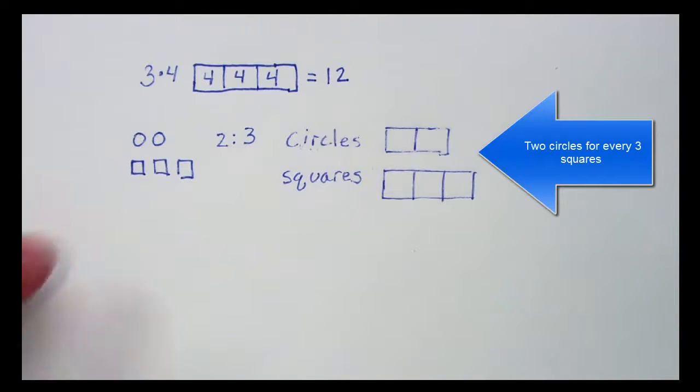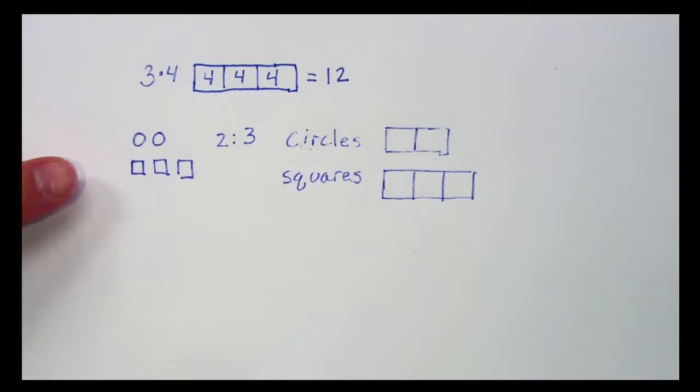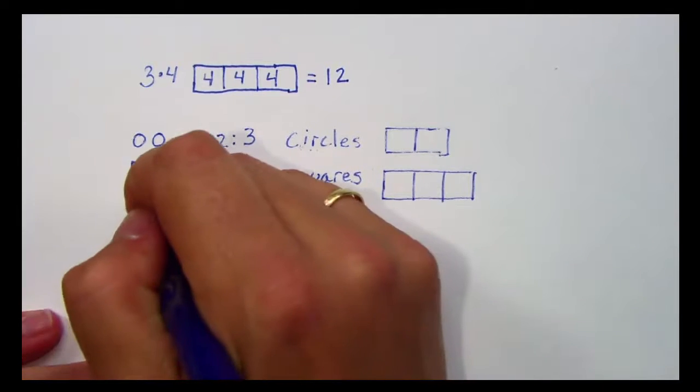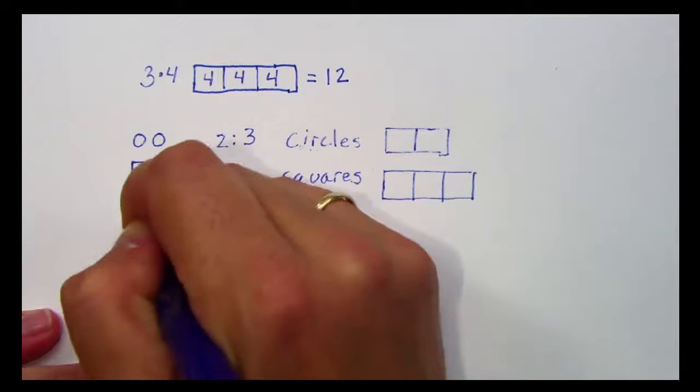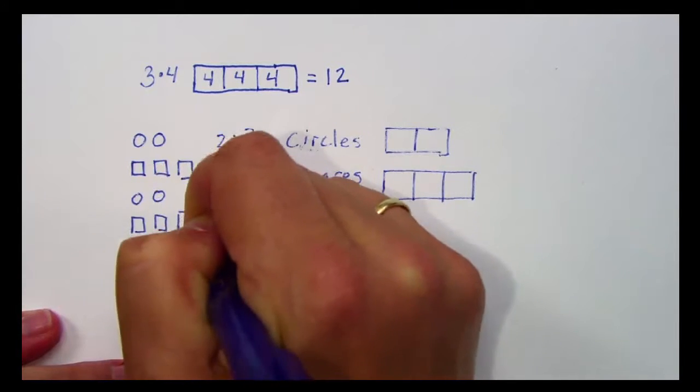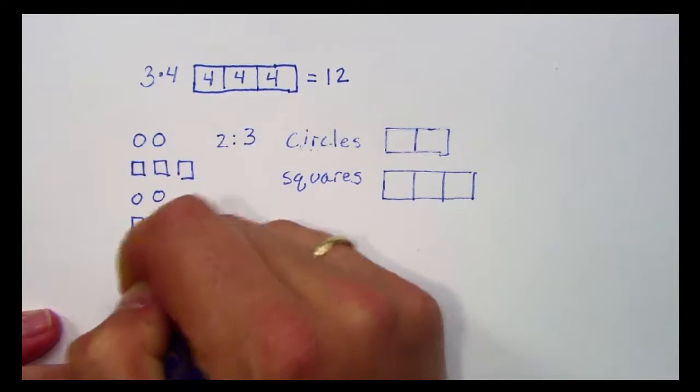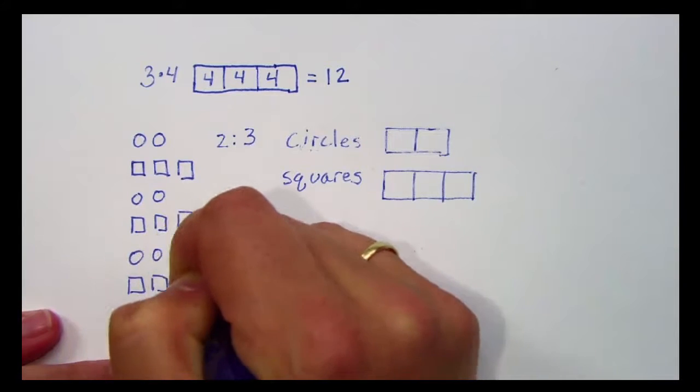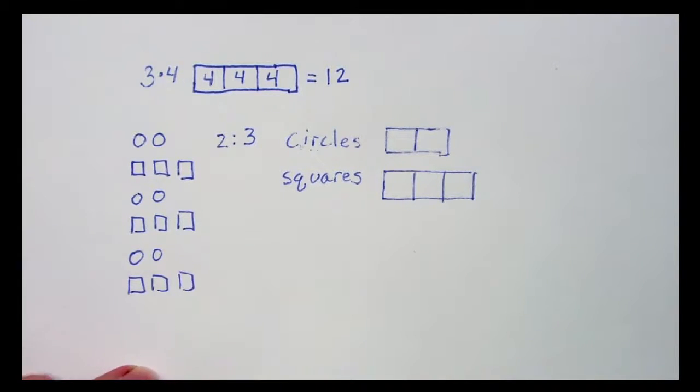If I had more than one group of circles and squares, if I had 3 groups of the same ratio, 2 circles to 3 squares, I can use the same tape diagram to find the total number of circles or the total number of squares.